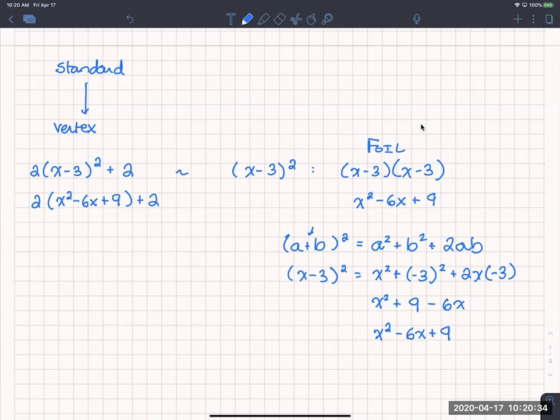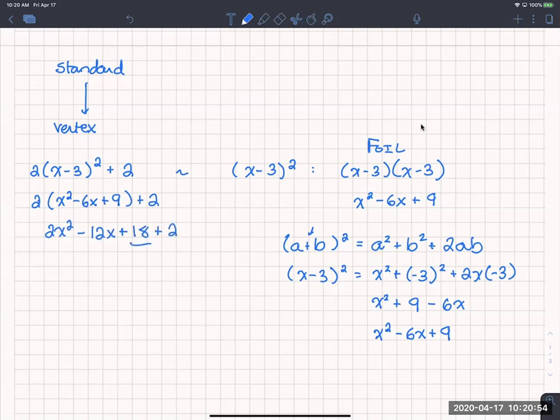So now, in order to finish putting this in standard form, we're going to distribute the 2 first. Remember, you multiply before you add, so you distribute the 2. So 2 times x squared is 2x squared. 2 times -6 is -12x. 2 times 9 is 18.